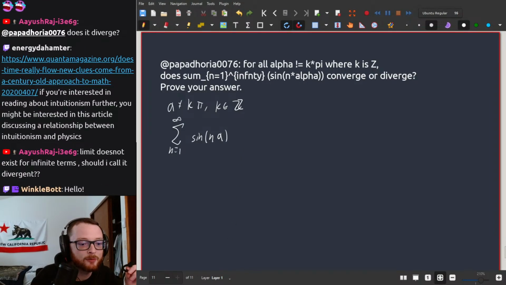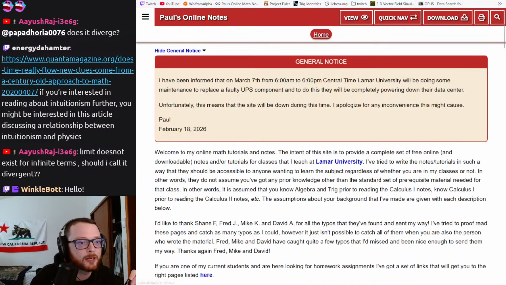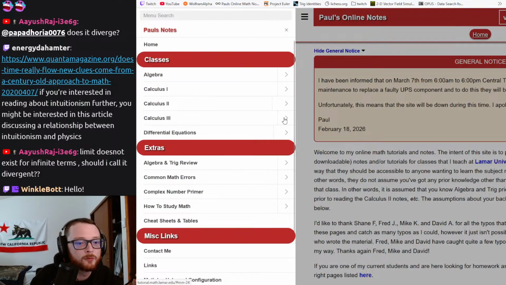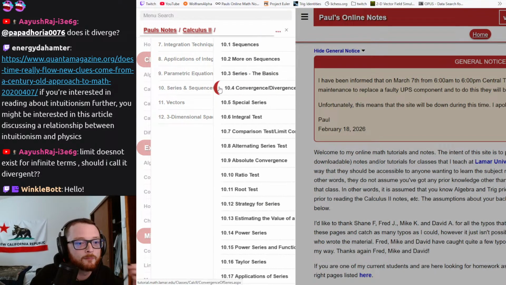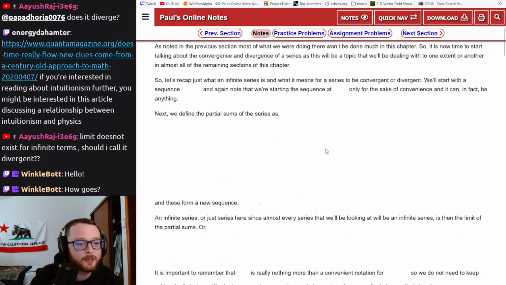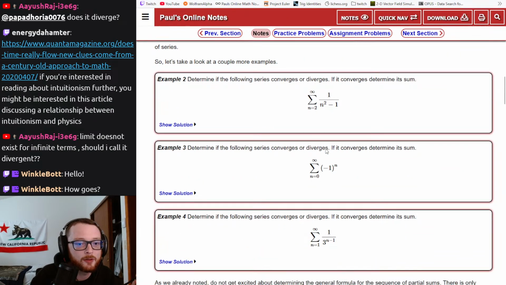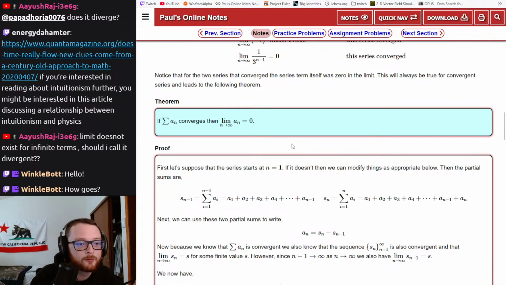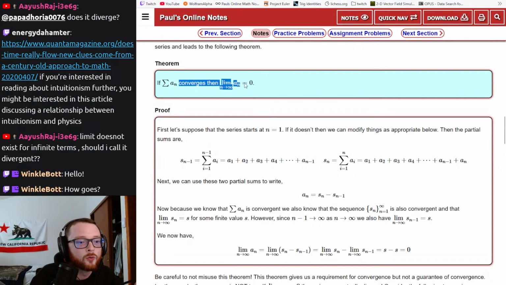Yeah, that's kind of what I want to say. Because I'm thinking just the straight up test for divergence, like the first thing that you learn in your Calc 2 class. Oh, it goes the other way around.